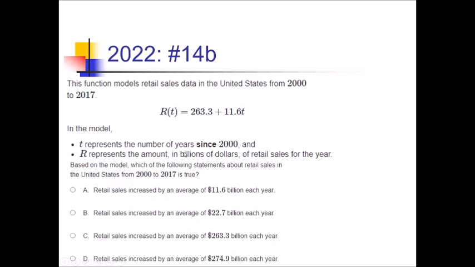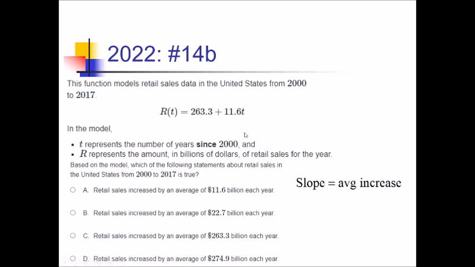For the next part of the problem, they want to know, based on the model, which statement about retail sales from 2000 to 2017 is true. If you look at all of these different statements, they're saying that sales increased by an average of, and the only thing different between these choices is what that average is. In general, when you have a linear model like we have up here, the average increase per year is basically just the slope of the function.